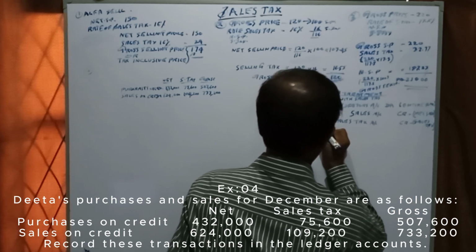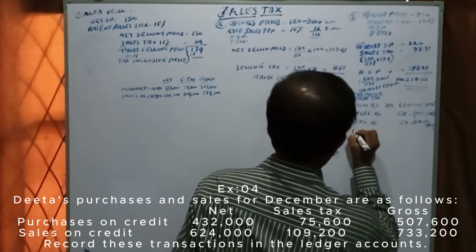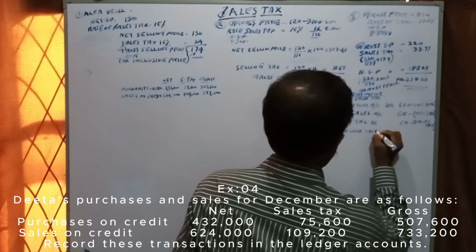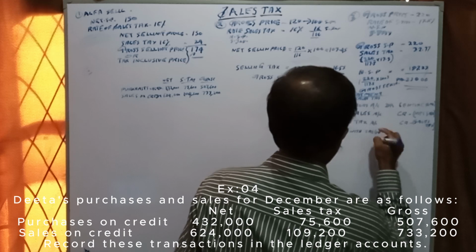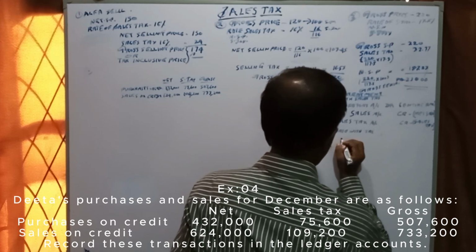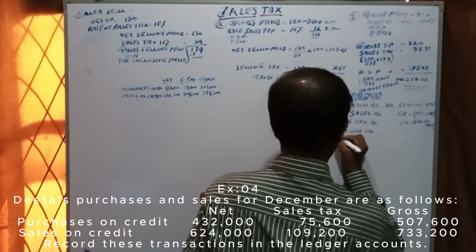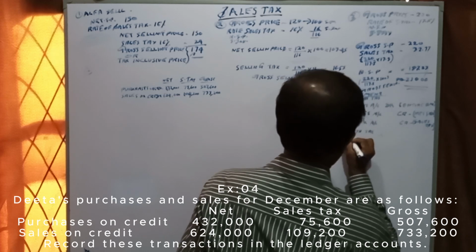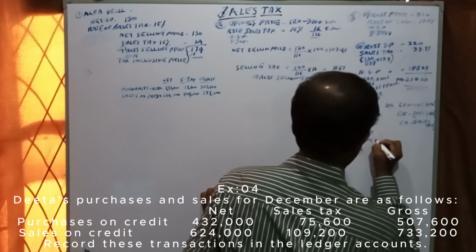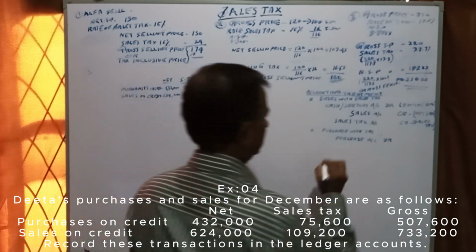Purchases with tax. Then you will say purchases debit, sales tax account debit.